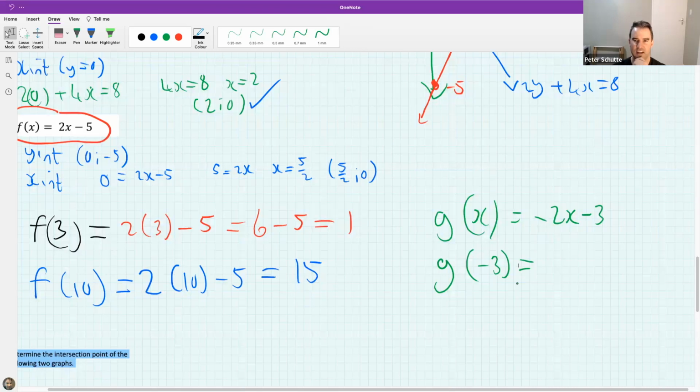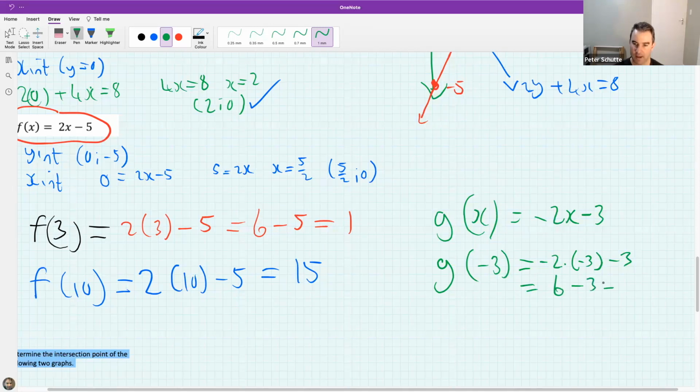I've been a bit sneaky here. So minus 2 times minus 3 is going to be 6 minus 3, which is 3. And so the g of minus 3 is 3.